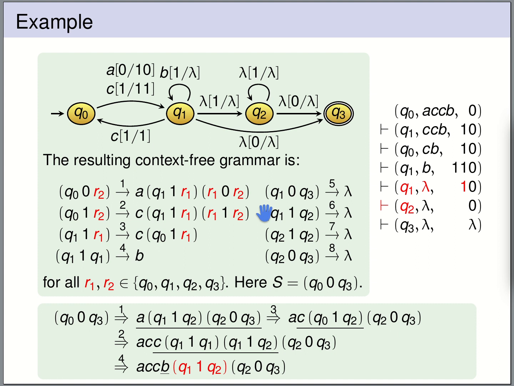We go from Q1 with stack content 1 to Q2, and we produce nothing, lambda. And finally we go from Q2 to Q3 with stack content 0, producing nothing. That is this rule. From Q2 with stack content 0 we go to Q3 and we produce nothing.